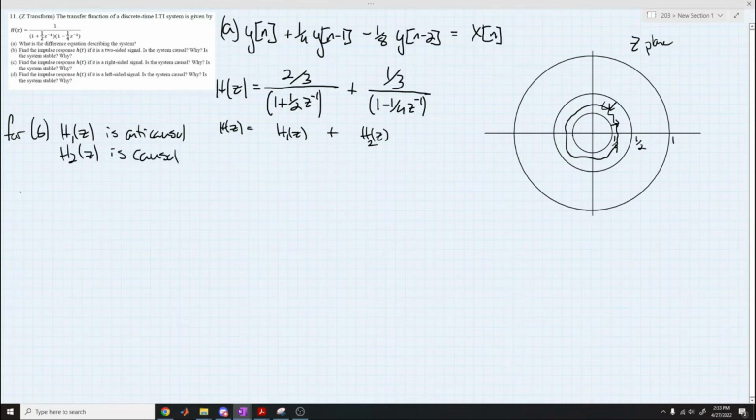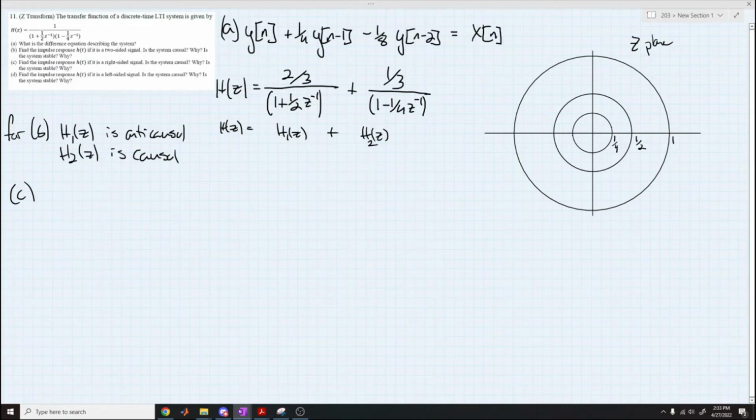So then for part C, it's a right-sided signal. A right-sided signal is the same kind of term that we use talking about Laplace transforms, meaning it's going right half plane, which is in the S plane, but in the Z plane, a right-sided signal means that it is going from the circle at the location of the pole outward.